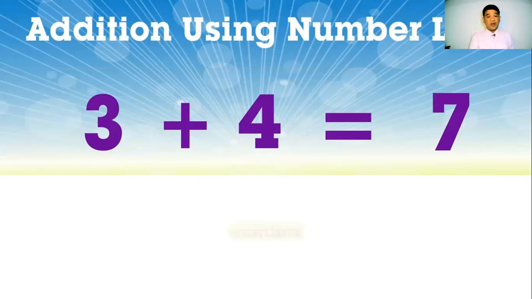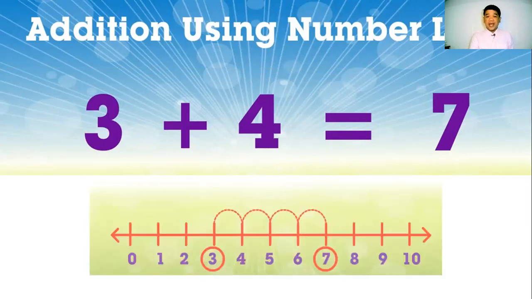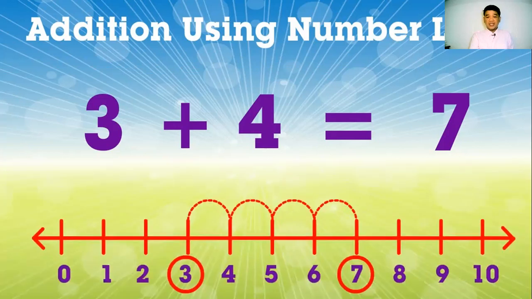And this is what we call the number lines, from 0, 1, 2, 3, 4, 5, 6, 7, 8, 9, and 10.